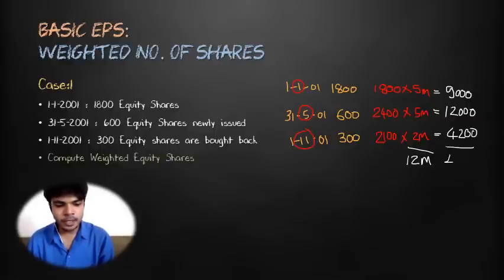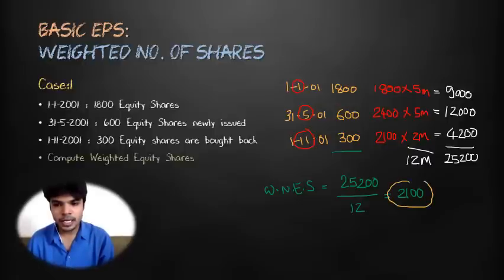If we total it up, it becomes 25,200 shares. So the weighted number of equity shares is equal to 25,200 total weighted shares divided by the total number of months, which is 12 months. So effectively it is 2,100 shares. So 2,100 shares is our answer for the weighted number of shares.